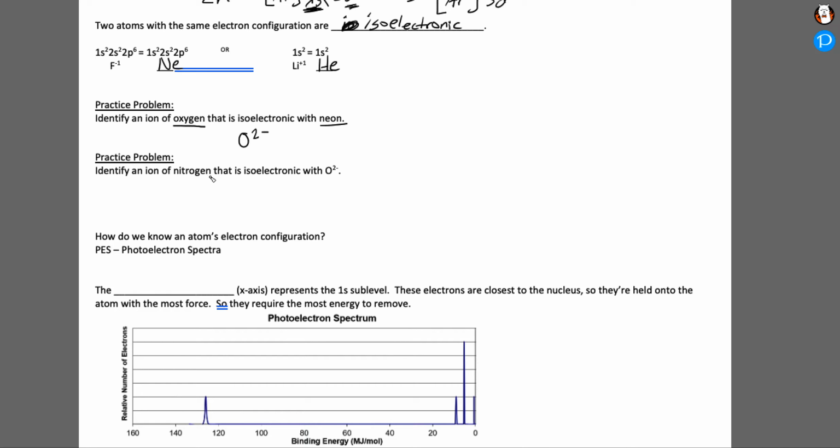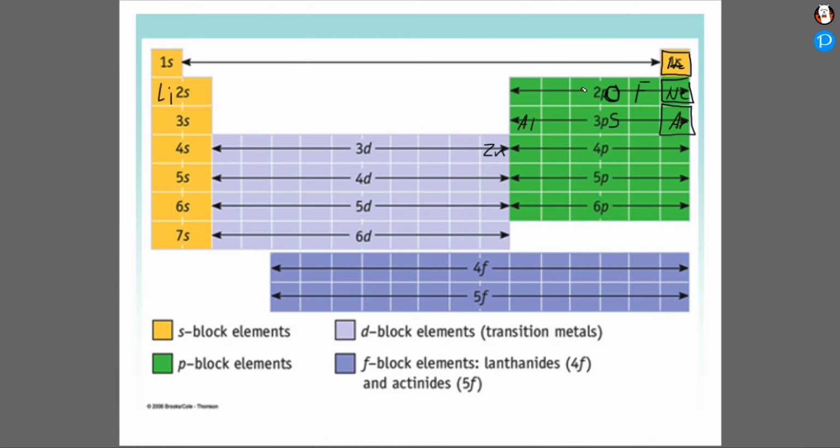Identify an ion of nitrogen that is isoelectronic or the same as O2 minus. So let's come back to this periodic table here. Nitrogen is right here on the periodic table, so one to the left of oxygen. Well, if oxygen had to gain 2 to get right here, and I want the ion of nitrogen that is the same as that, well, I'm just going to count how many electrons it takes for nitrogen to get right here, which would be 1, 2, 3.